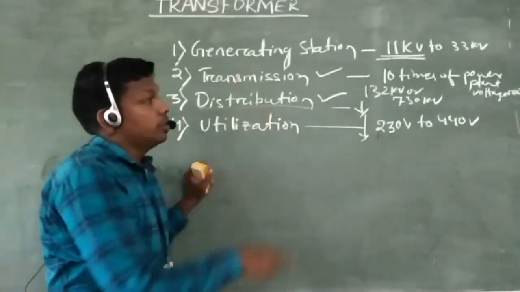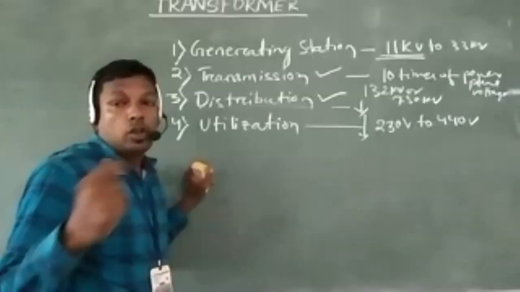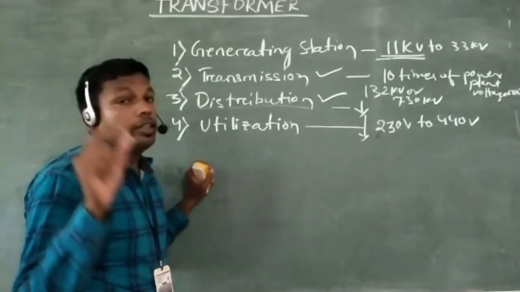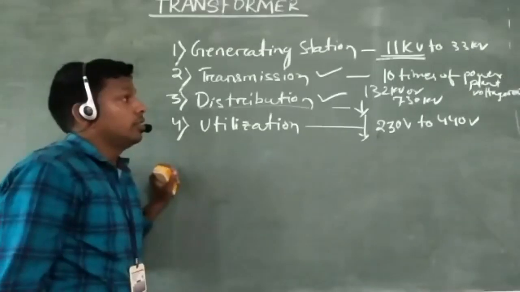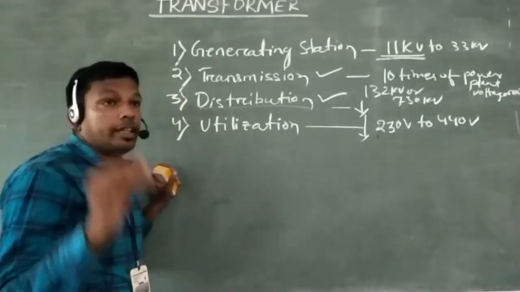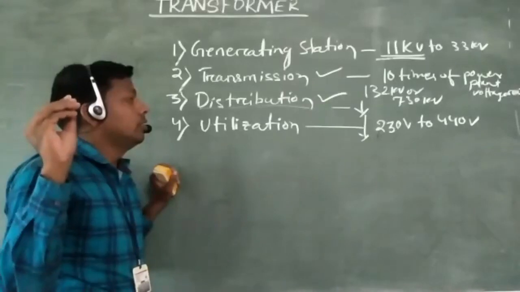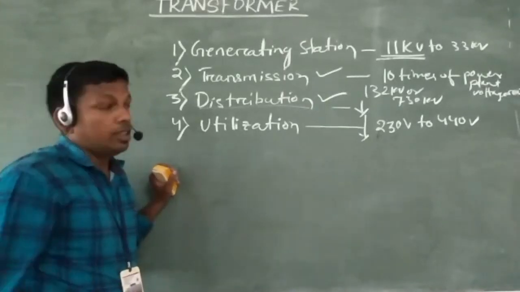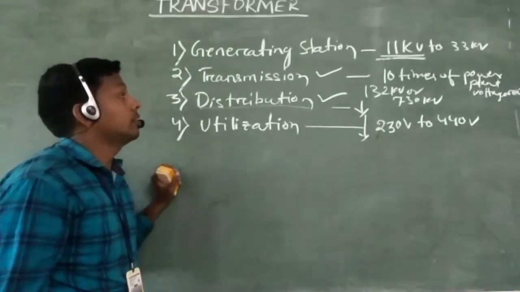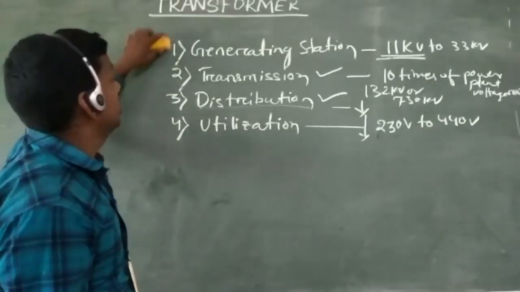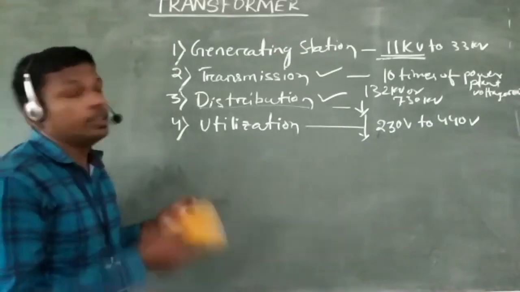This variation of voltage is done by a device that is called a transformer. So a transformer is needed in electrical energy systems based upon the required voltage. This is the need of a transformer, why a transformer is needed in our electrical system.